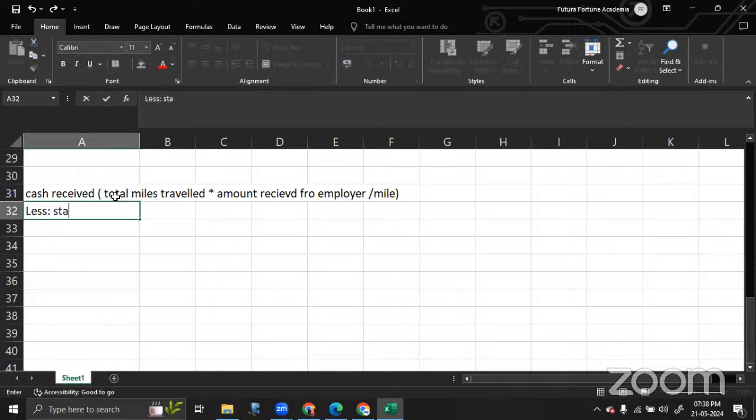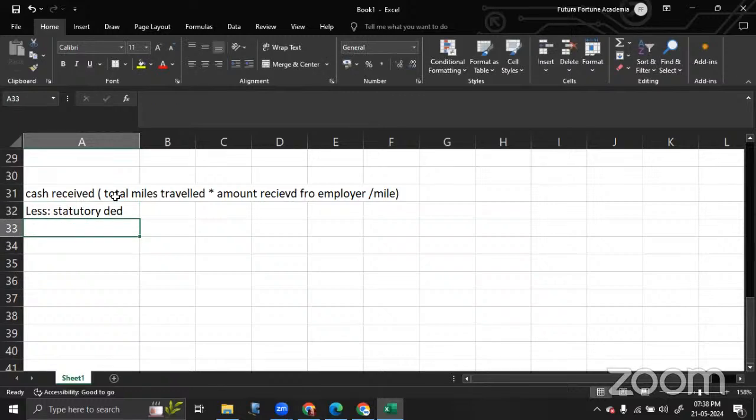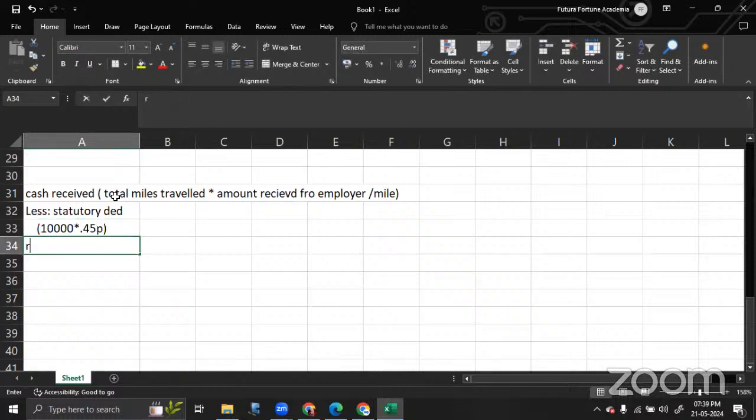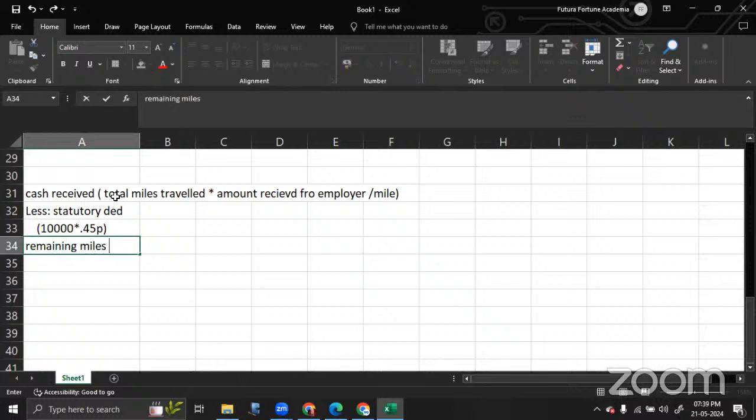Not all the amount is taxable. The first 10,000 miles is deductible at 45 pence and the remaining miles are deductible at 25 pence.